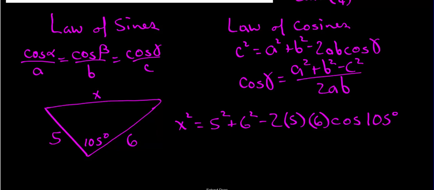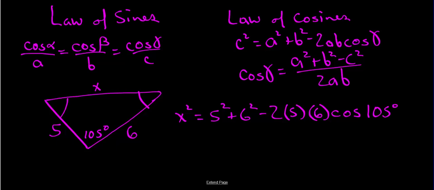Now, then we'll have this side. Okay, then you can go and you can use the law of sines to find these other two angles here. So for example, if I want to know, okay, well, what about this angle here? I'll call this angle alpha.